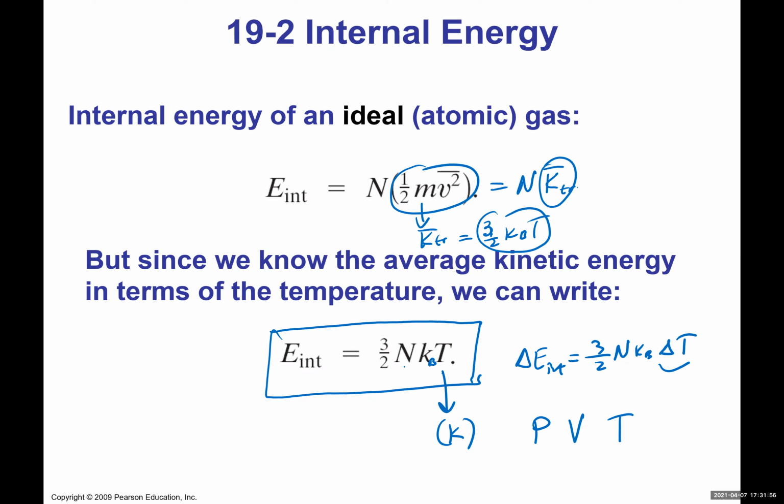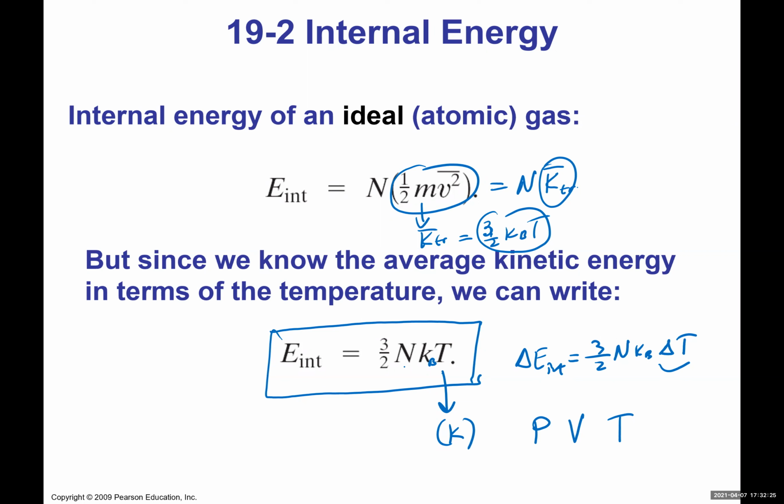The temperature is directly proportional to internal energy. So every time we have a change in internal energy, that right away tells us there's a change in temperature. You cannot have one without the other. If you're changing the temperature, you're changing internal energy. If your internal energy has changed, that means the temperature is different, going from state 1 to state 2, for example.